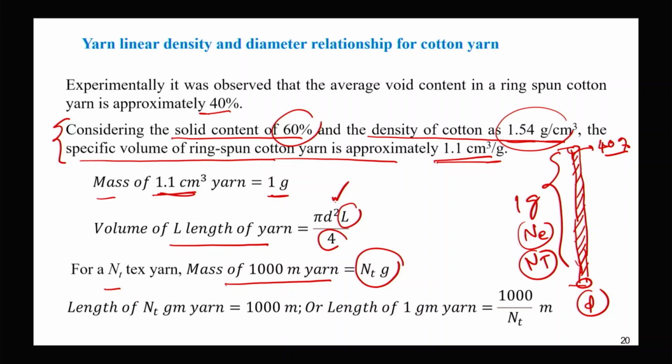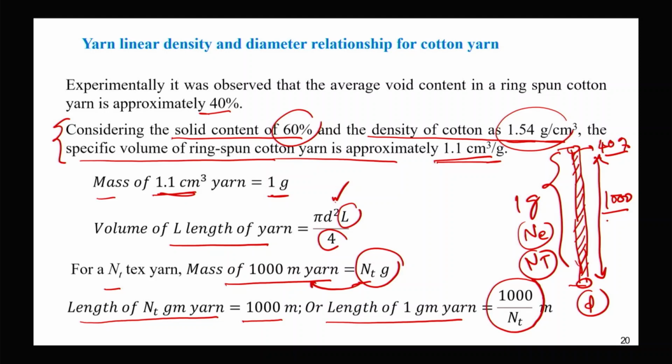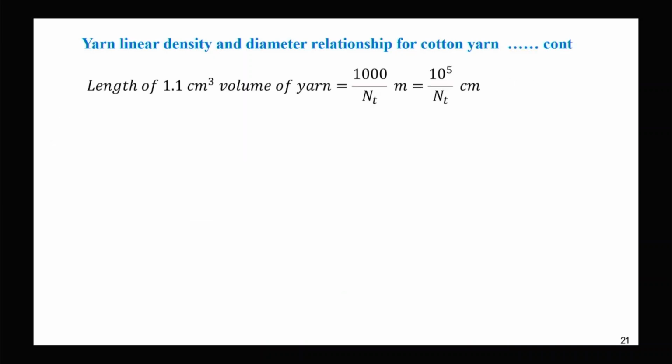So the length of 1 gram of yarn will be 1000 by N meter. This length is calculated, and from there we can calculate the volume.